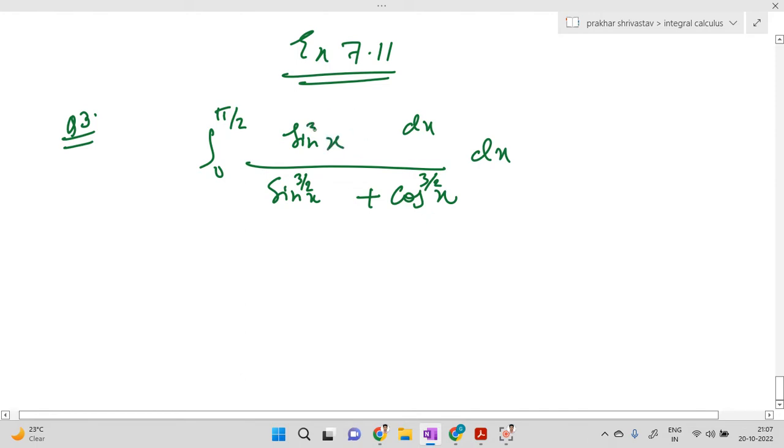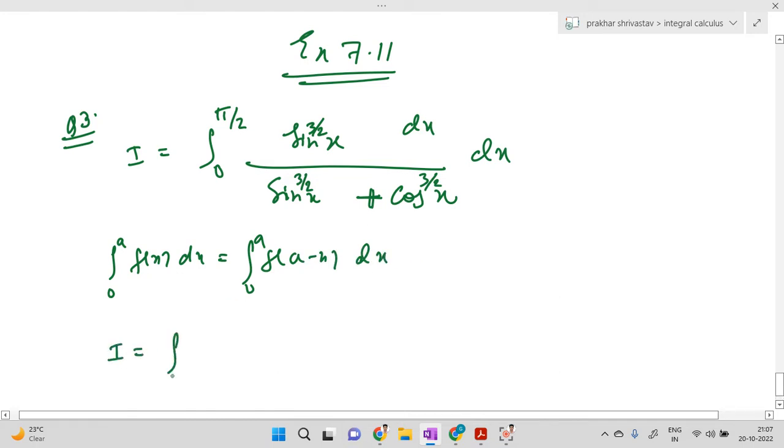So let it be I. How are we going to do this? It seems very complicated, but it isn't. We have learnt the property: integral 0 to a of f(x) dx equals integral 0 to a of f(a minus x) dx, right?